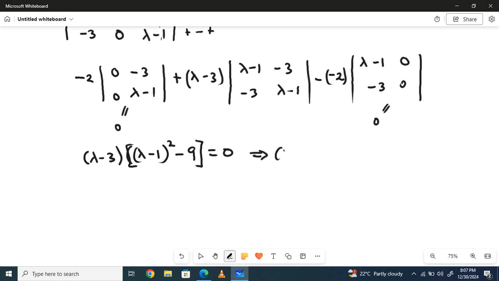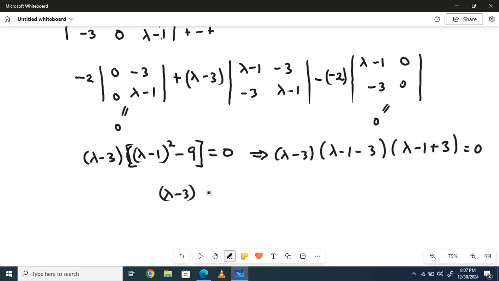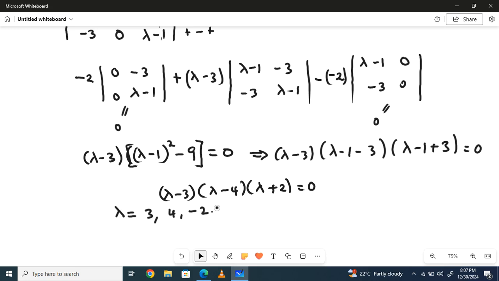So this gives us lambda minus 3, then lambda minus 1 minus 3, and lambda minus 1 plus 3. Those are the two squares, and everything here is equated to 0. So we will have lambda minus 3 into brackets lambda minus 4, and lambda plus 2 equals 0. So our eigenvalues will be 3, 4 and negative 2.